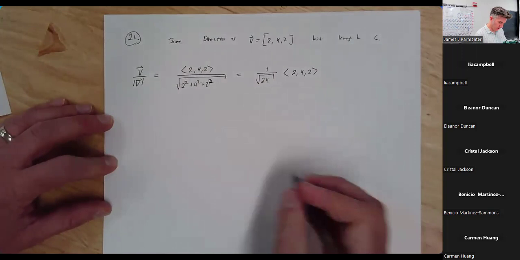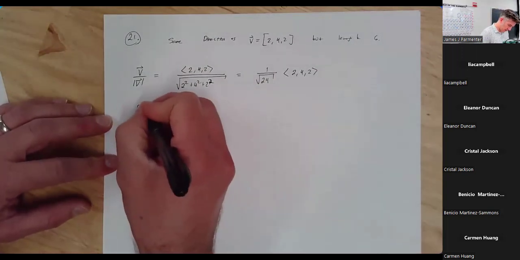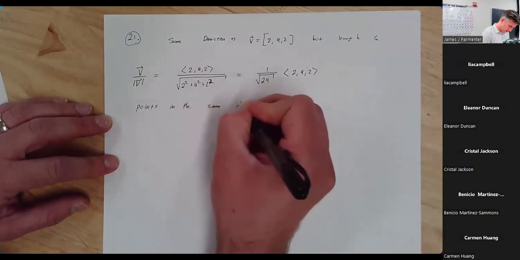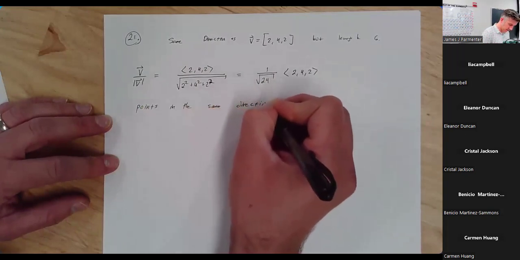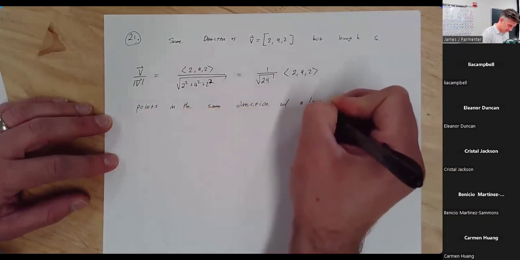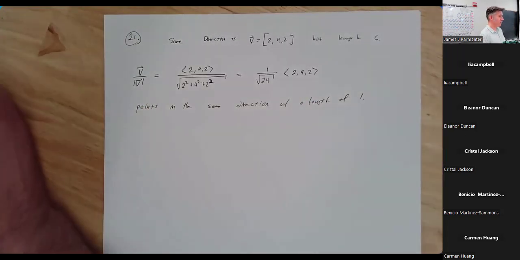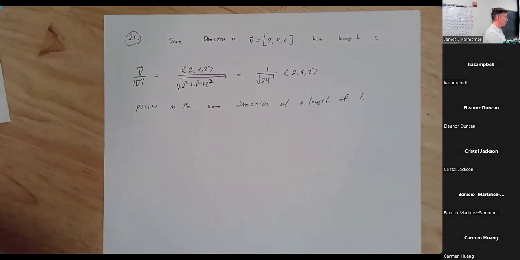So this vector, I will point out, points in the same direction with a length of 1. Now I want a vector that points still in the same direction with a length of 6. By the way, if you multiply a vector by a scalar, a real number, it either points in the same direction if that scalar is positive or the opposite direction if that scalar is negative.